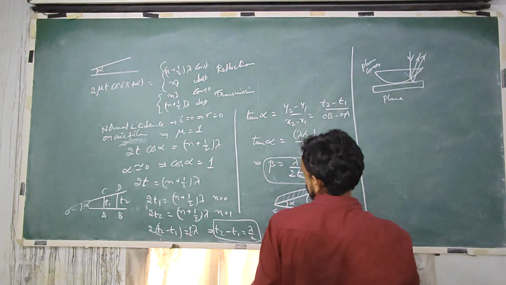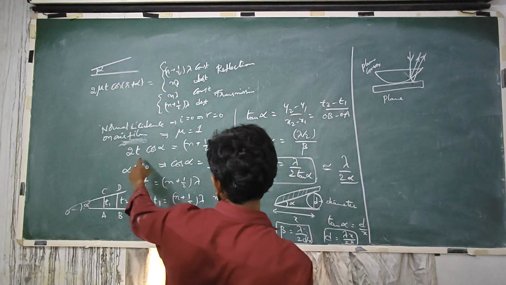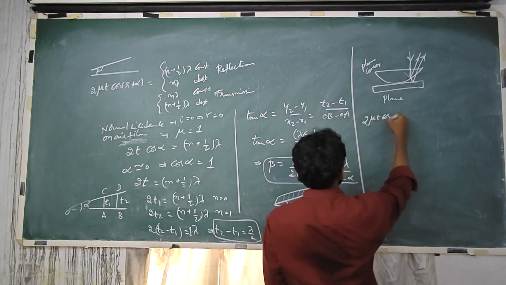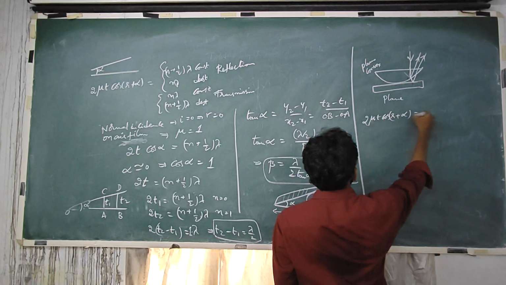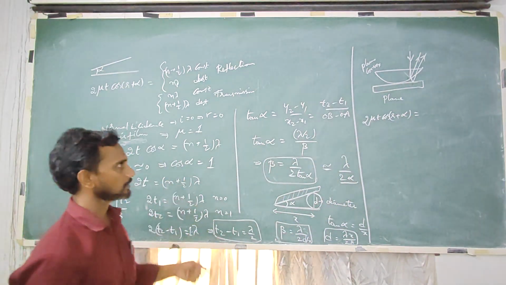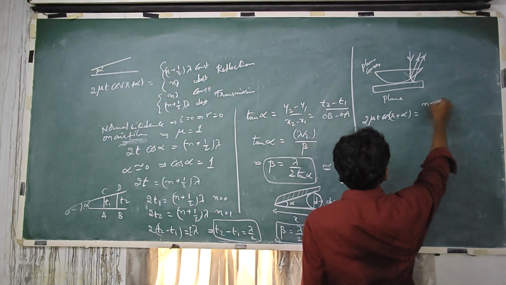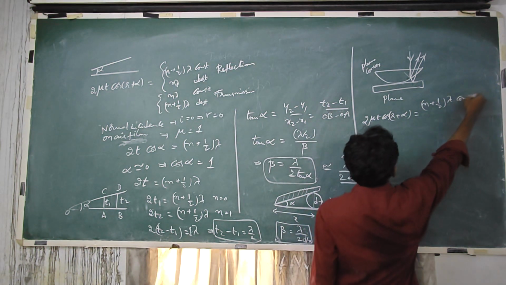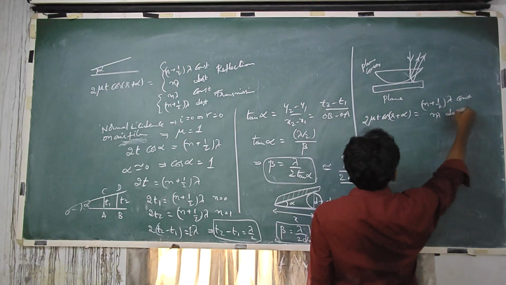Okay, and we are using the same condition, 2 mu t cos (r plus alpha) is equal to, we are considering reflection, so (n plus half) lambda is constructive, n lambda is destructive.